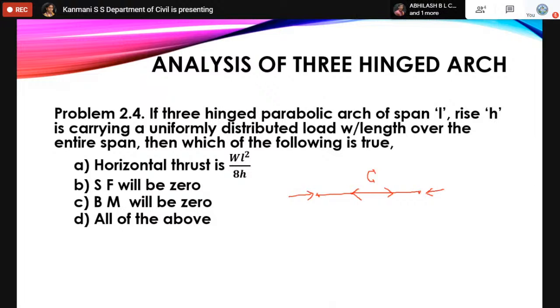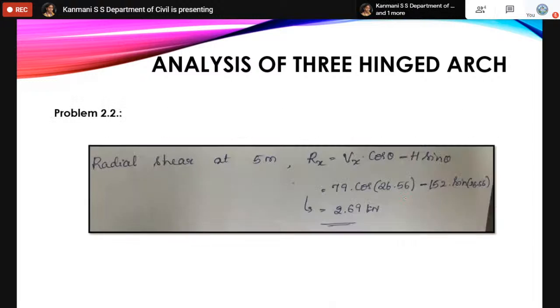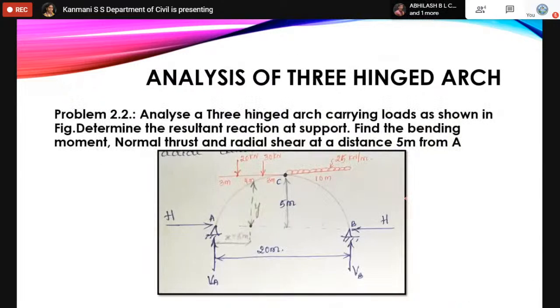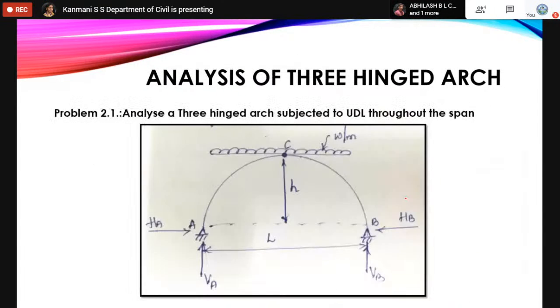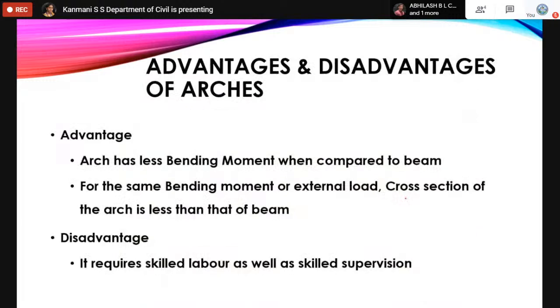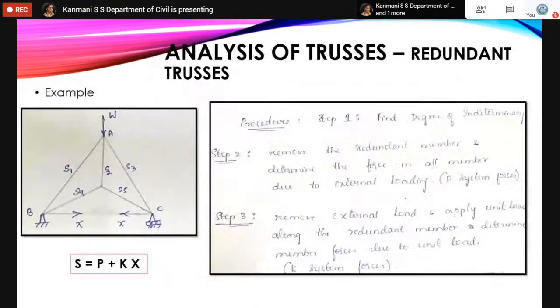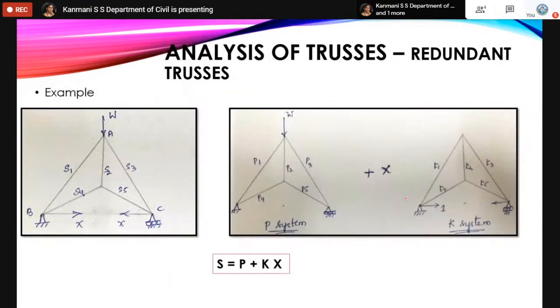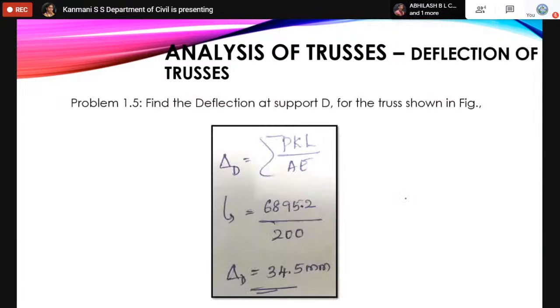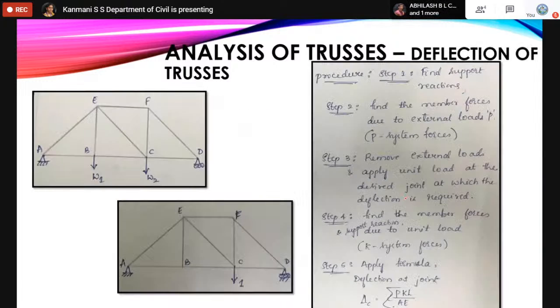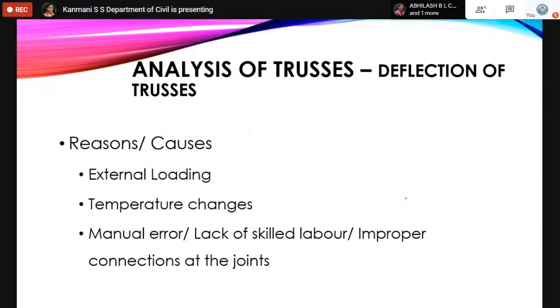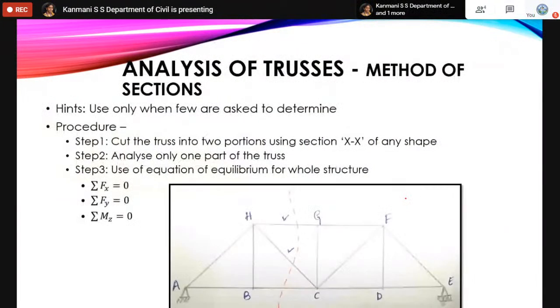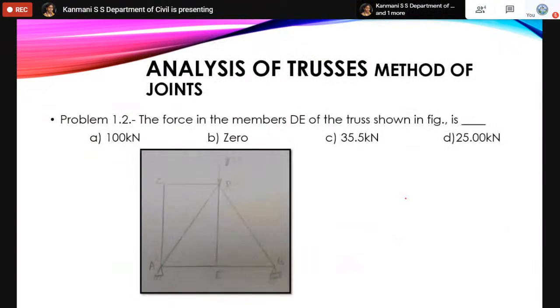Okay. And then, in problem 1.2, I'll go to problem 1.2. Hope it is cleared. Now let me go to truss problem 1.2 again.